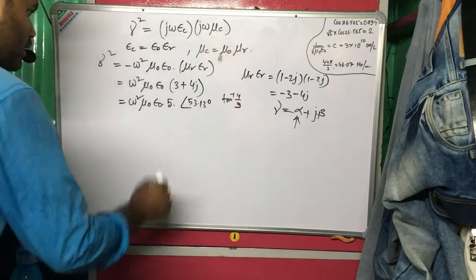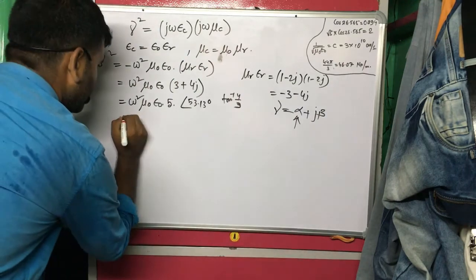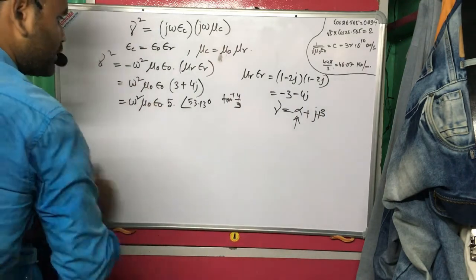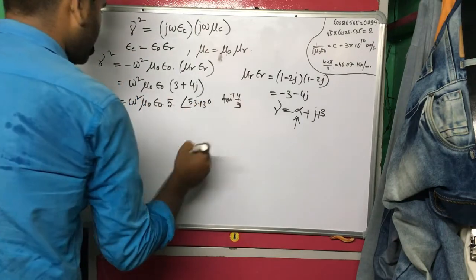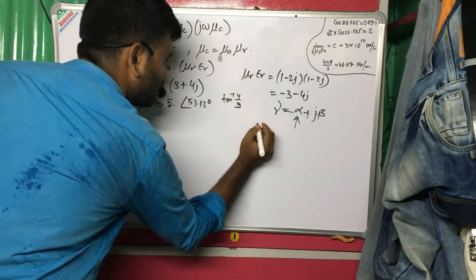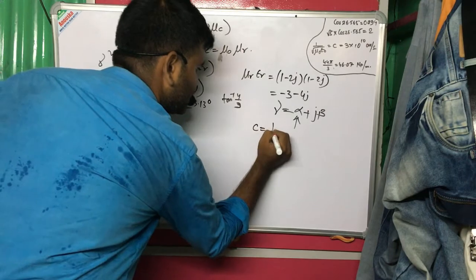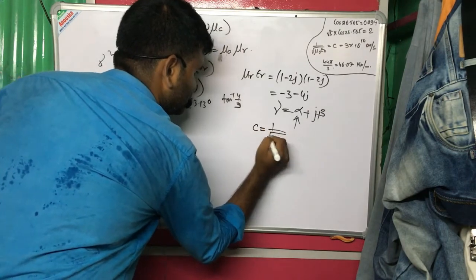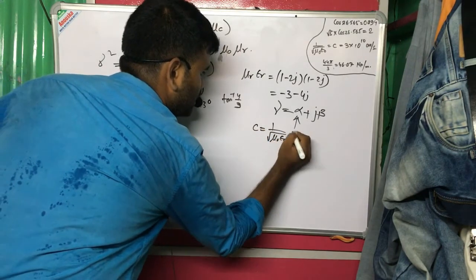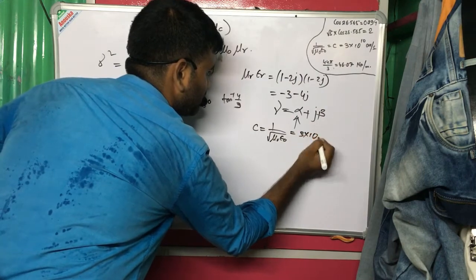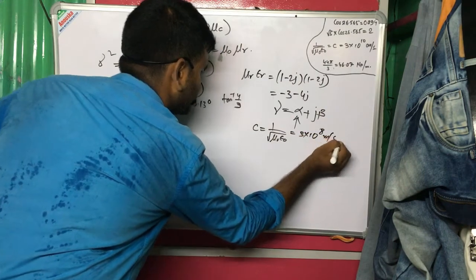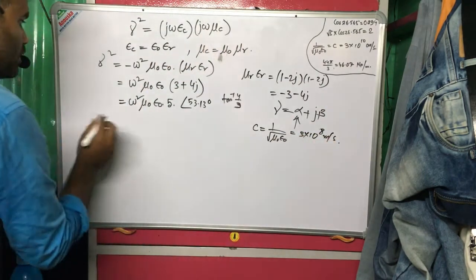Let us first calculate this part, mu naught and epsilon naught. We know that c, the velocity of light in free space, is 1 by root over mu naught epsilon naught, which is basically equal to 3 into 10 to the power 8 meter per second. Now what is gamma?